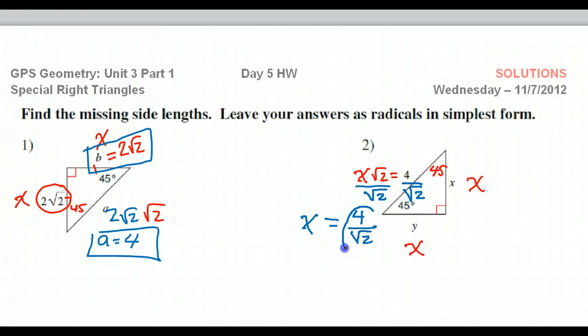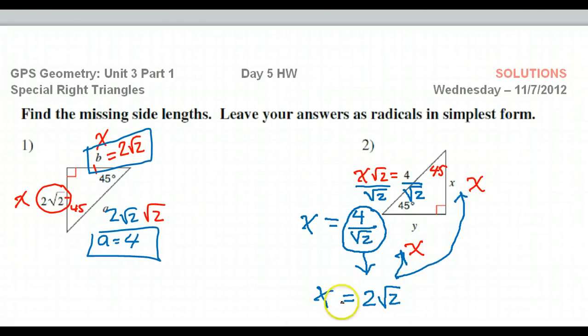Just put this in your calculator and see what you get. But I believe it's going to be 2 root 2. So that means both of these are 2 root 2. So x equals 2 root 2 and also y equals 2 root 2. This is isosceles. These will always be the same.